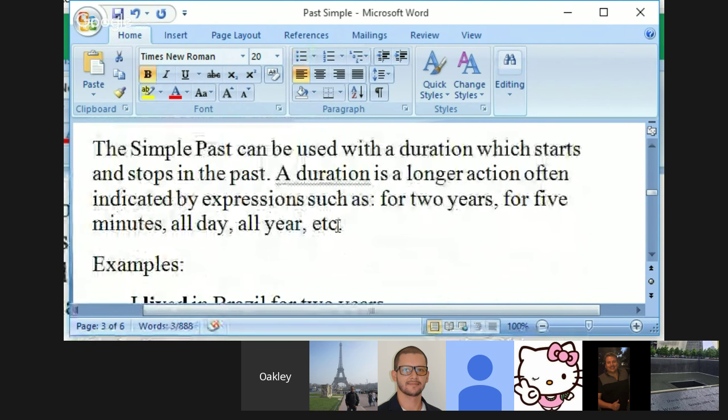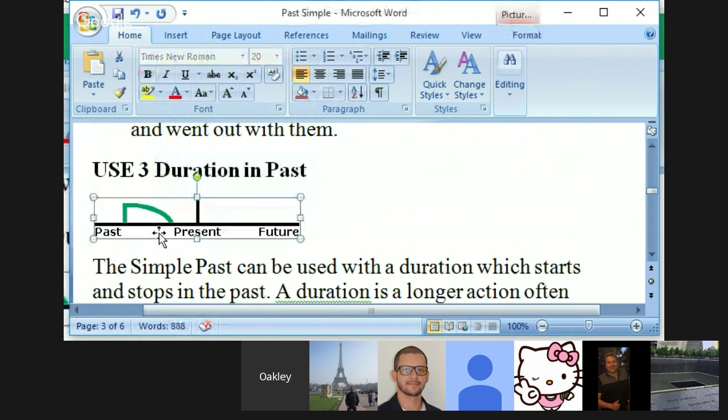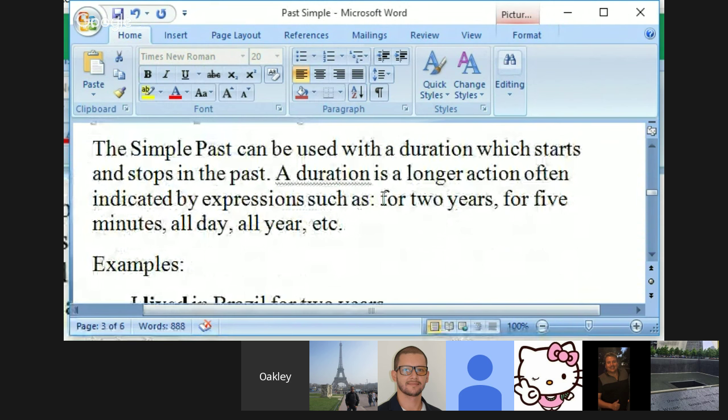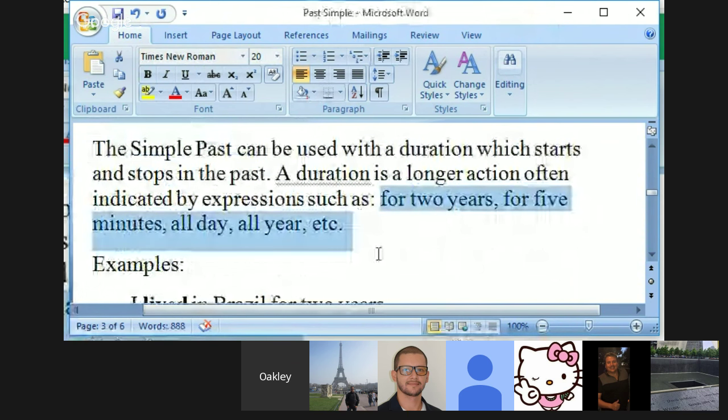Duration in the past. Okay, so we can talk about a duration, but notice the graph here. This is extremely important. It started in the past, it finished in the past. Sometimes we will include phrases like for 2 years, for 5 minutes, all day, all year, to express the idea of a length of time or a duration of time.